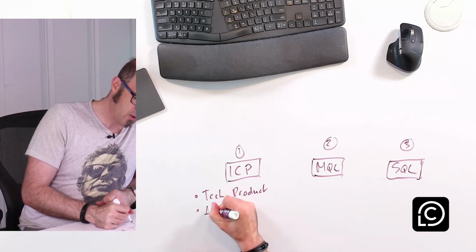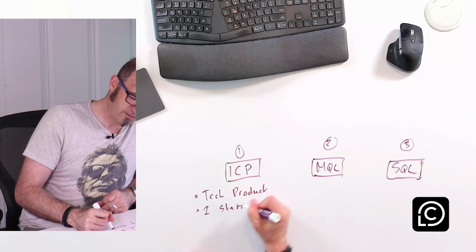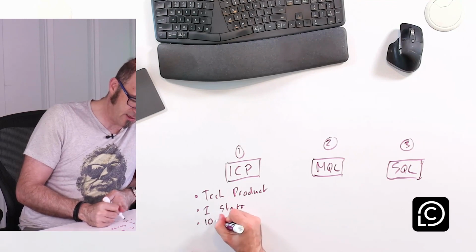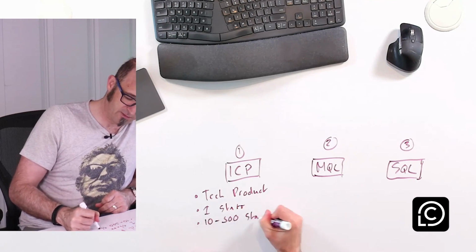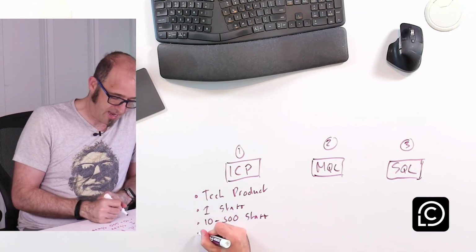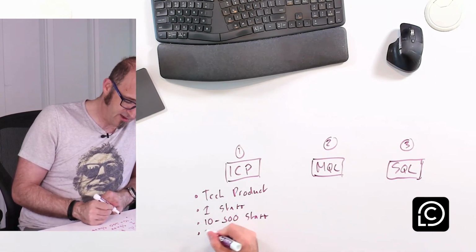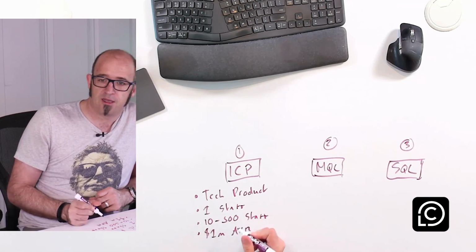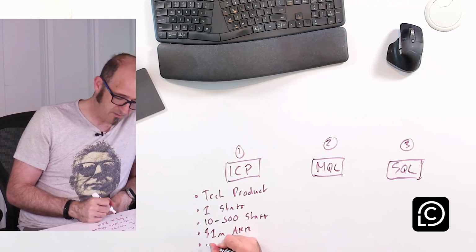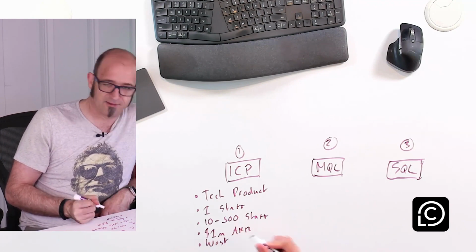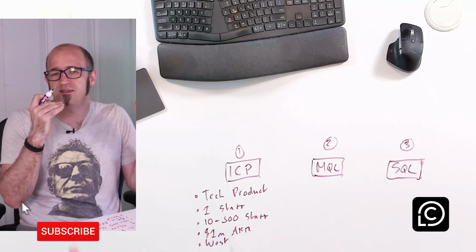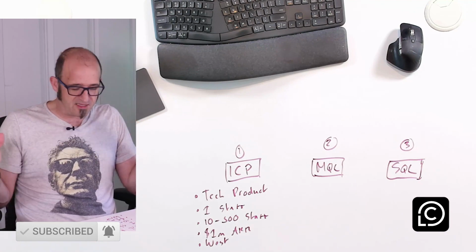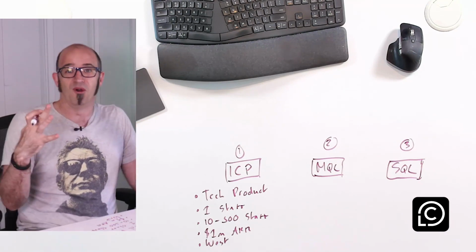That they've got at least 1 staff member, that they have generally between 10 to 500 staff in their company, and that they are doing usually above 1 million a year ARR. And then the final one here is that they're based basically in the West, right? So United States, Europe, United Kingdom, Israel, basically this side of the world.